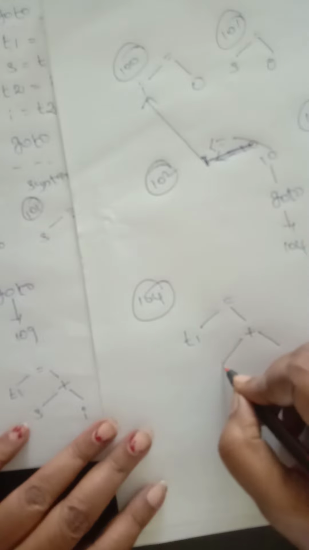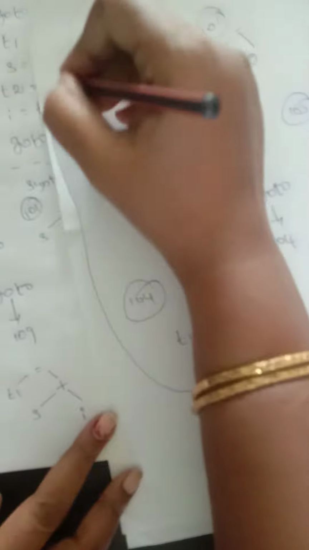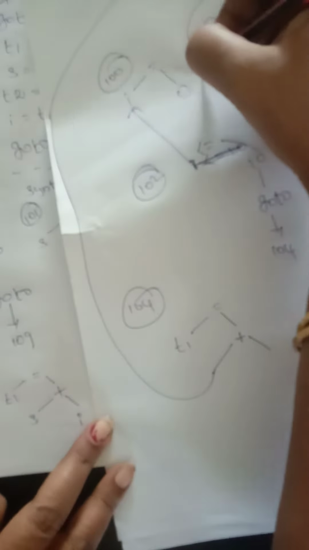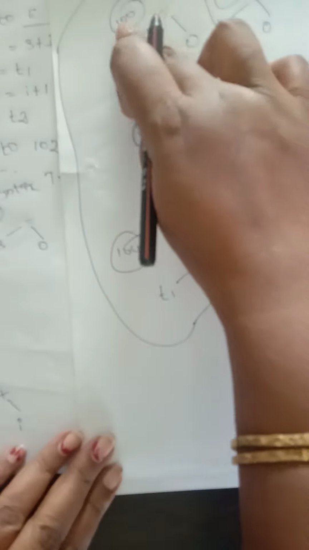So T1 equal to S plus I. Instead of writing S and I, you directly point out the variable used in line number 101 and 100. Here what we need? S. Instead of using S, you directly point out the address line of S. And next we need S plus I, so I is stored in line number 100.